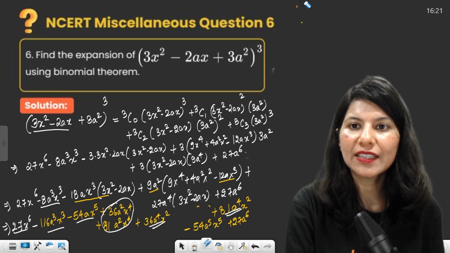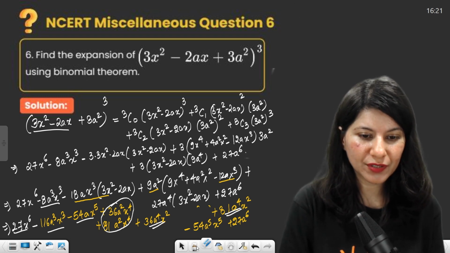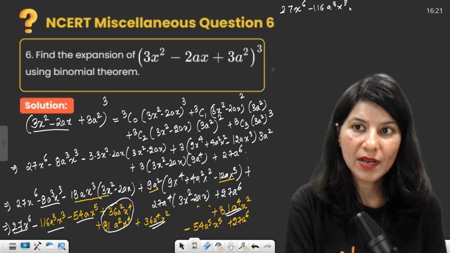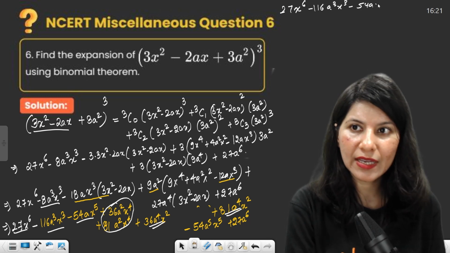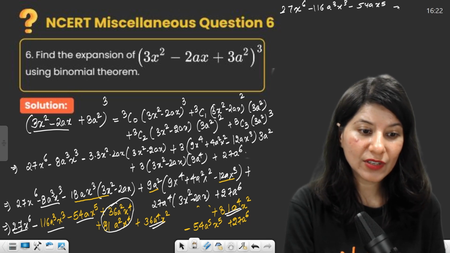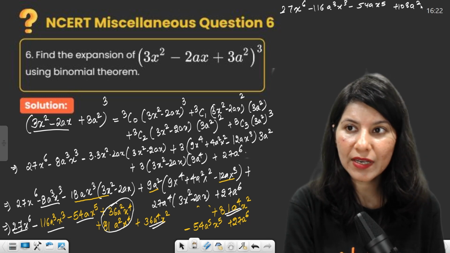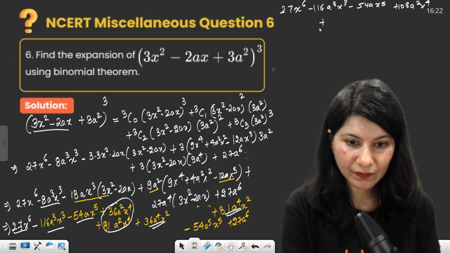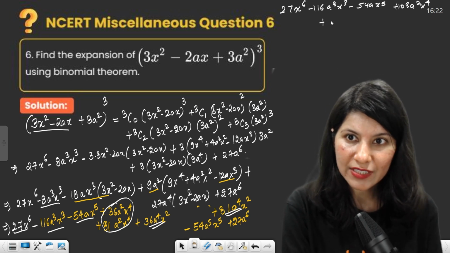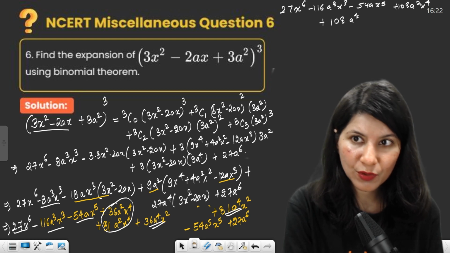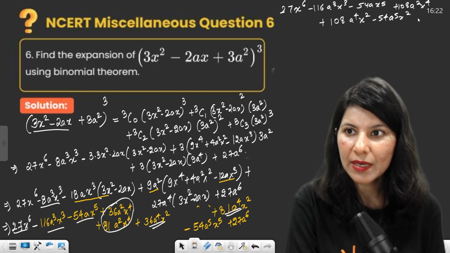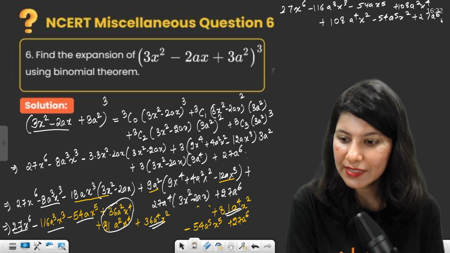So finally, I'll be writing the final expression over here. 27x raised to power 6 minus 54ax power 5, then we are having 117 a square x power 4 minus 116 a cube x cube, then again 117 a4 x square minus 54 a5 x plus 27a power 6.